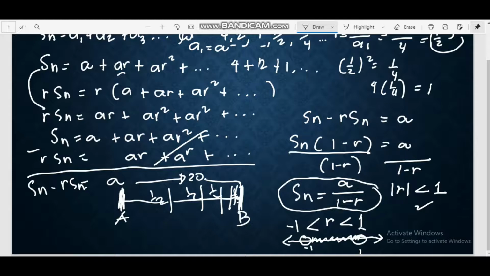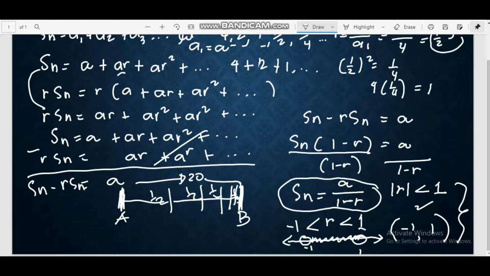We write it as an interval. Since -1 and 1 are not included, we use open parentheses, so this is (-1, 1). These are the values of r for which a geometric sequence has a sum.